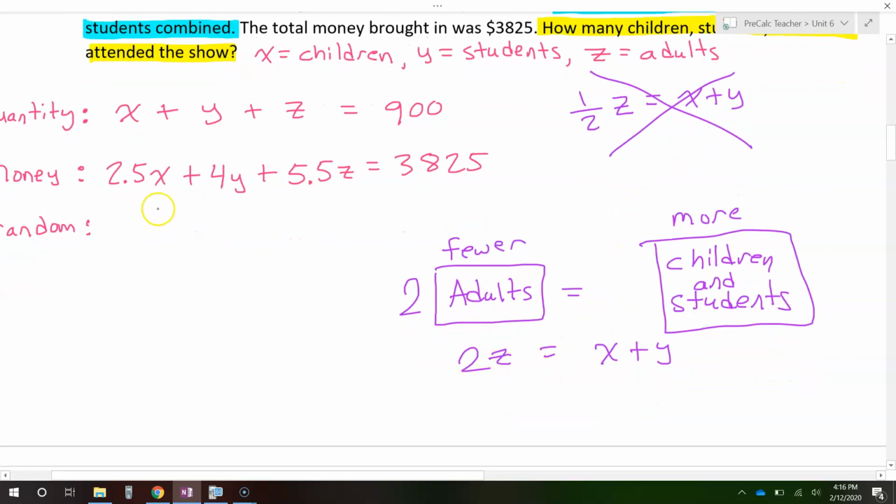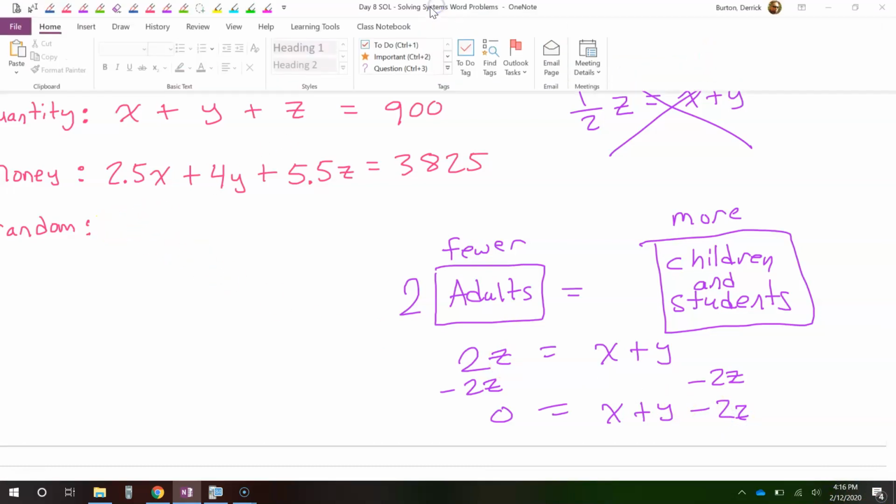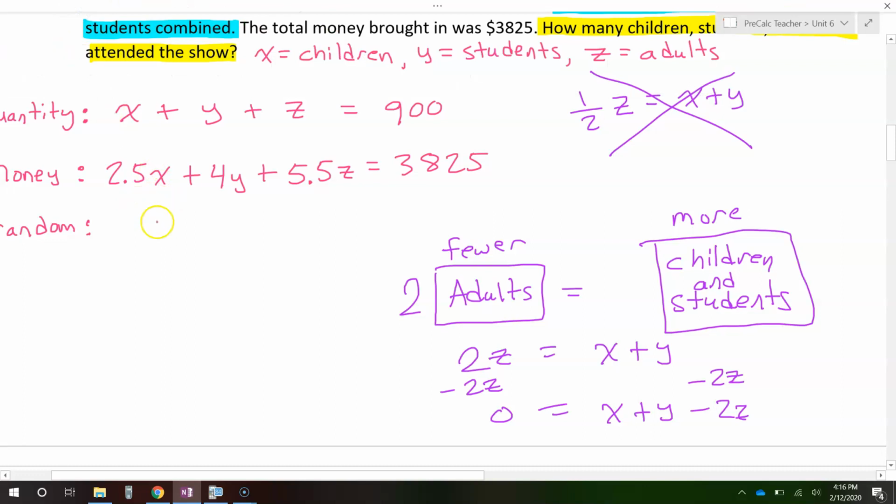Now, of course, we need to rewrite this in standard form. One way to do it would be to subtract 2Z from both sides. That would give me 0 is equal to X plus Y minus 2Z, which would be the same thing as having X plus Y minus 2Z equals 0.